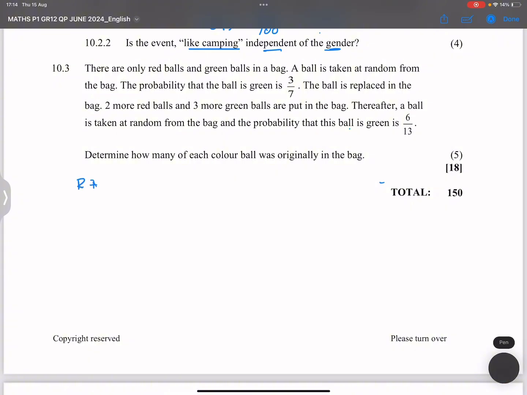So I know that the probability of taking a green ball would be the number of green balls divided by red plus green. And they tell me that this is 3 over 7.